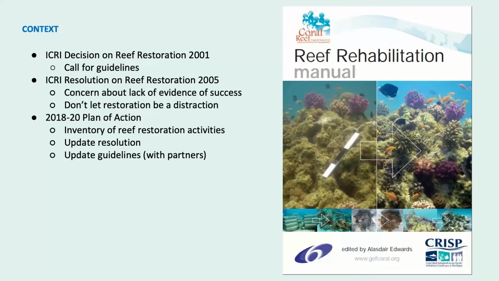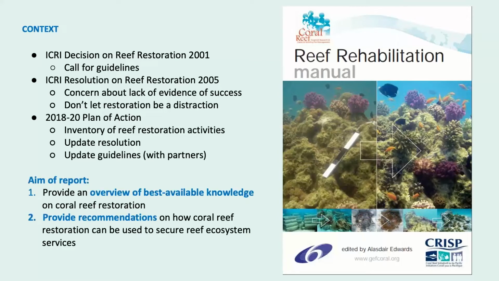We also updated the 2005 resolution, recognising the changing environment and the innovations and improvements in coral restoration. And of course, collaboration with UNEP and many other organisations for this report. So the aims of the report are to provide an overview of best available knowledge on coral reef restoration, and also provide recommendations of how coral reef restoration can be used to secure ecosystem services.